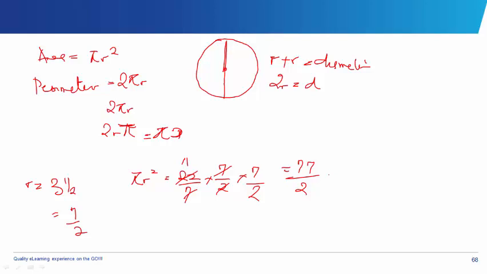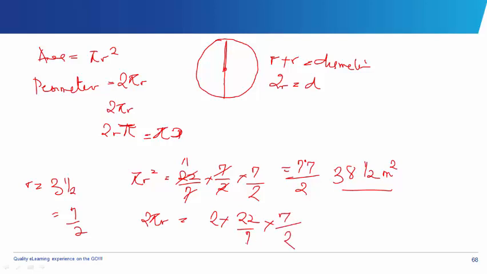So we can convert this to a mixed fraction, giving us 38.5 meter square. Now the perimeter is 2 pi r, which is 2 times 22 over 7, then times 7 all over 2. 7 will cancel 7, 2 will cancel 2.